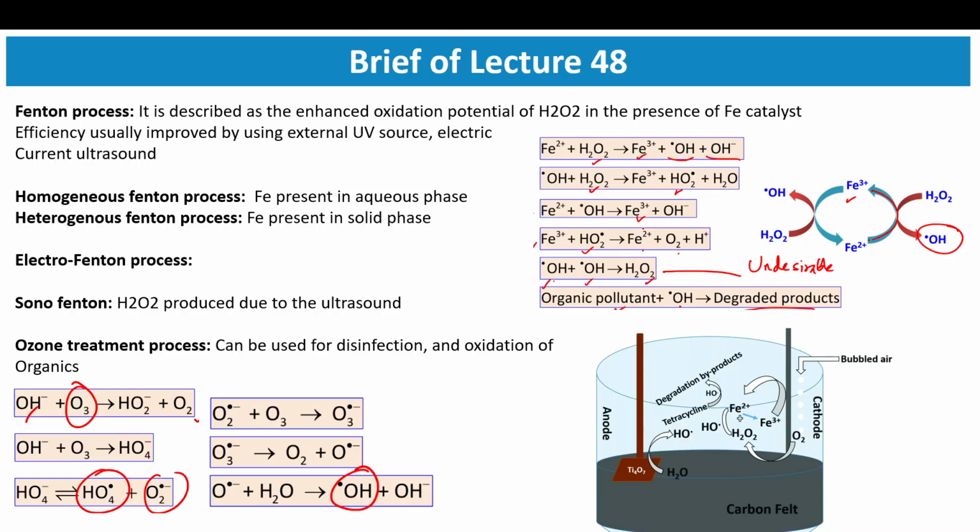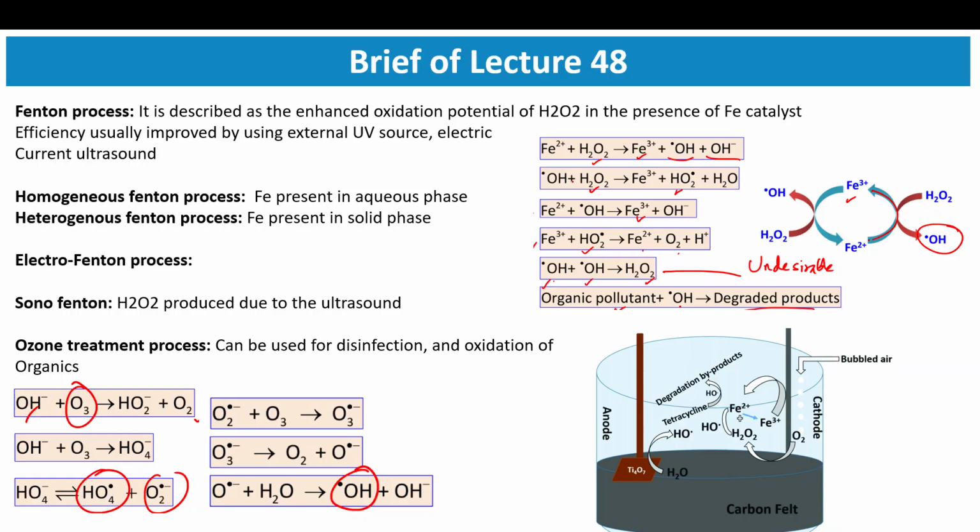So here if you see, Fe2+ and H2O2 are usually added. Now if the reaction takes place, then Fe2+ reacts with peroxide to form Fe3+ and one radical, like a hydroxyl radical.